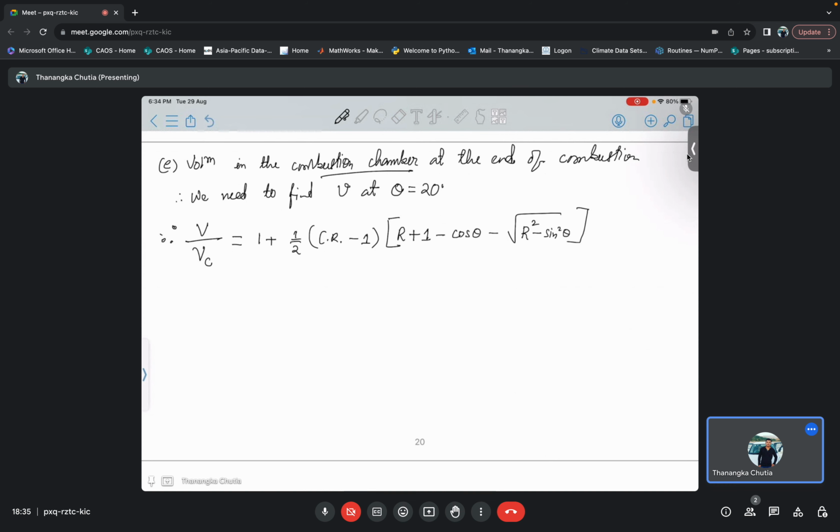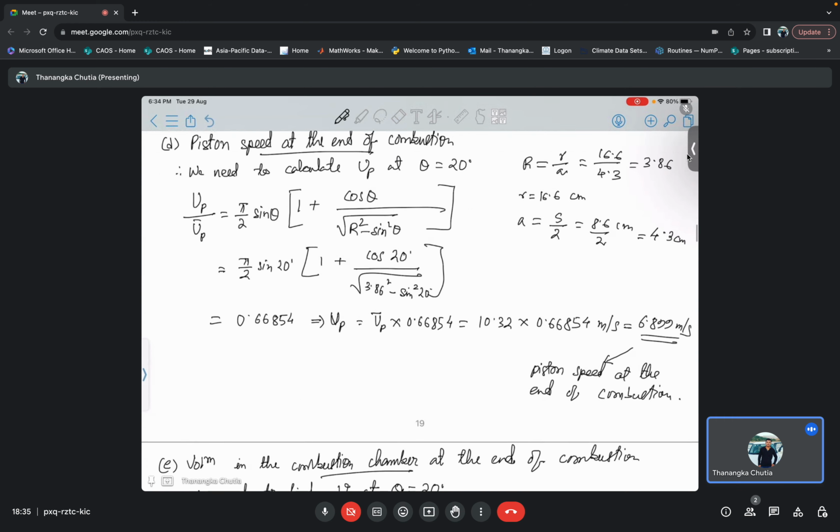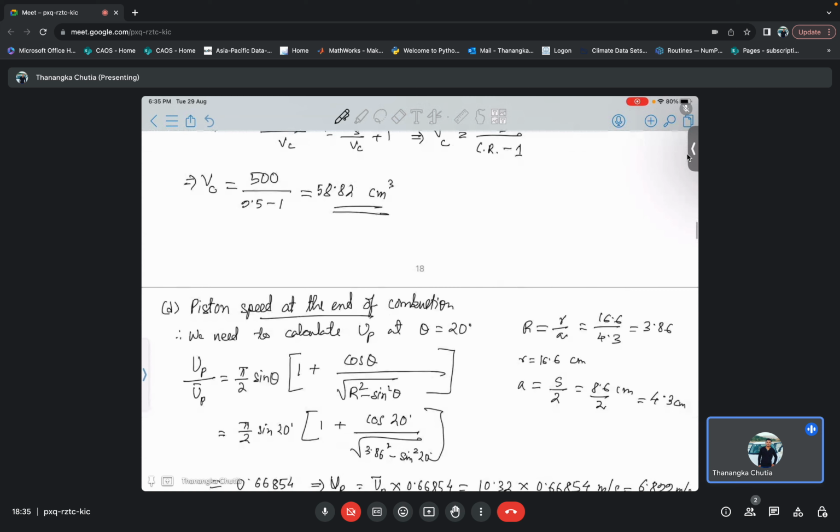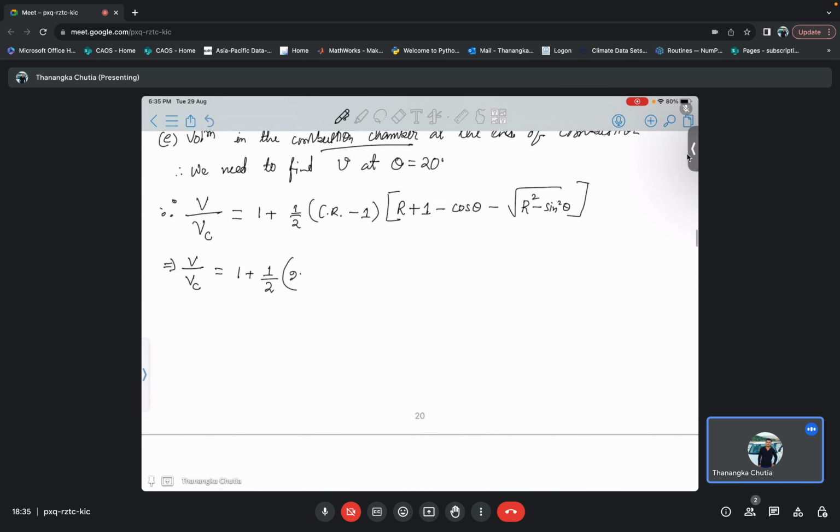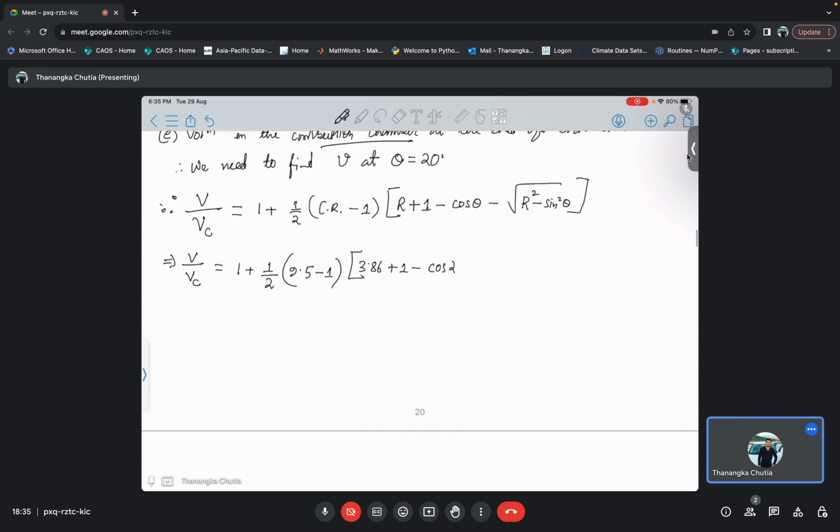Just put it here. So V upon Vc will be equal to 1 plus 1 by 2 times, what is the compression ratio? 9.5 minus 1, okay. What is the R? 3.86 plus 1 minus cos 20 degree minus root over 3.86 whole square minus sine squared 20 degree, okay.